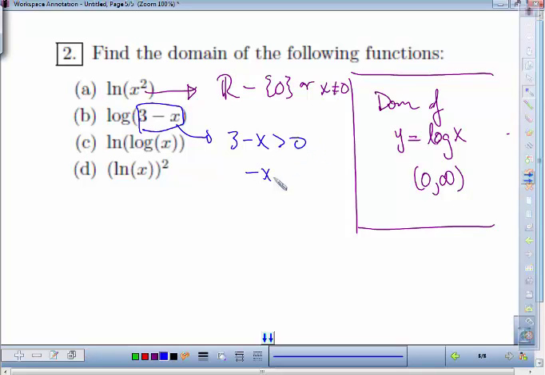So minus x is bigger than negative 3, and when you divide by a negative you flip the symbol. So I can put any number that's less than 3, but I can't put 4 or 5 or 6 in here, because then it'll be a negative number, and I can't take the ln of a negative number.